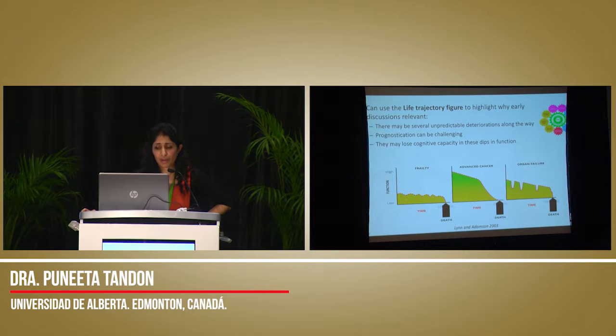But we often don't know how to prognosticate whether they're going to make it out of that dip, as opposed to frailty, which is elderly patients who just have a gradual deterioration, or advanced cancer where they have a sudden deterioration at a point in time. And so at that point in time, they're often referred to hospice.